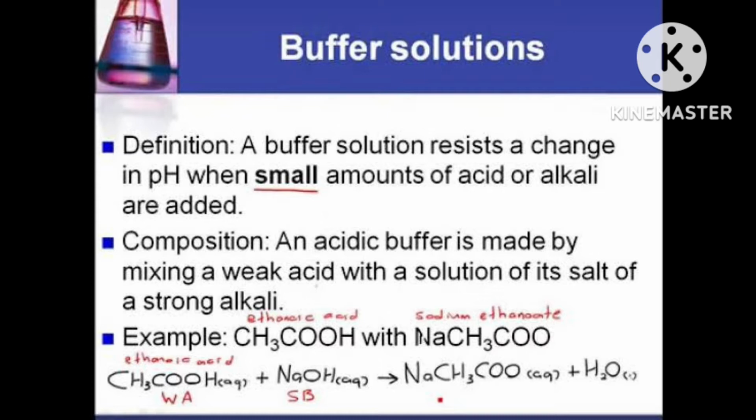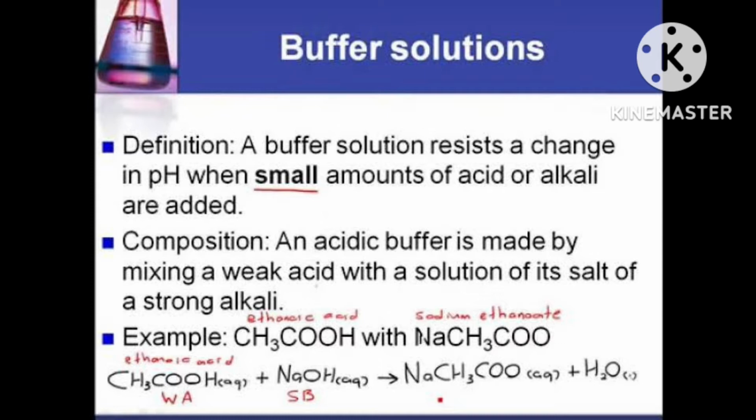The acetate ion thus formed undergoes hydrolysis in water to give acetic acid. Acetate ion plus H ion from water forms acetic acid, a weak acid, which will be almost undissociated. It will dissociate very little.